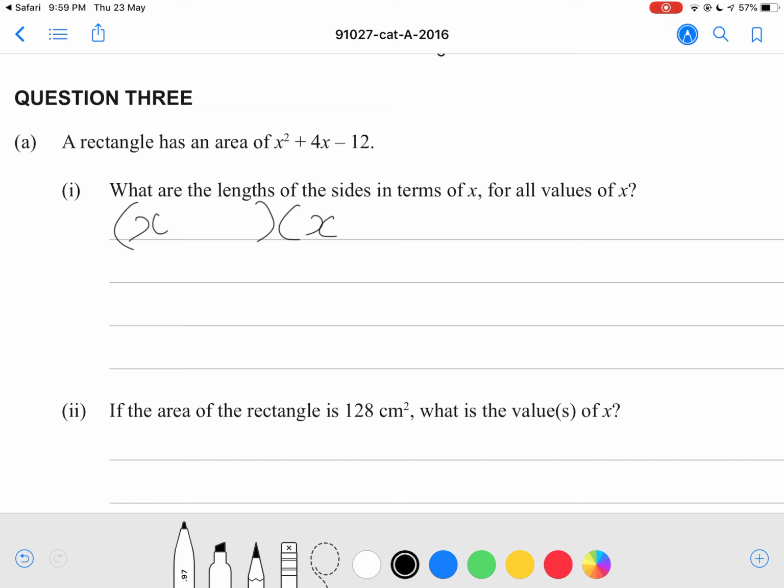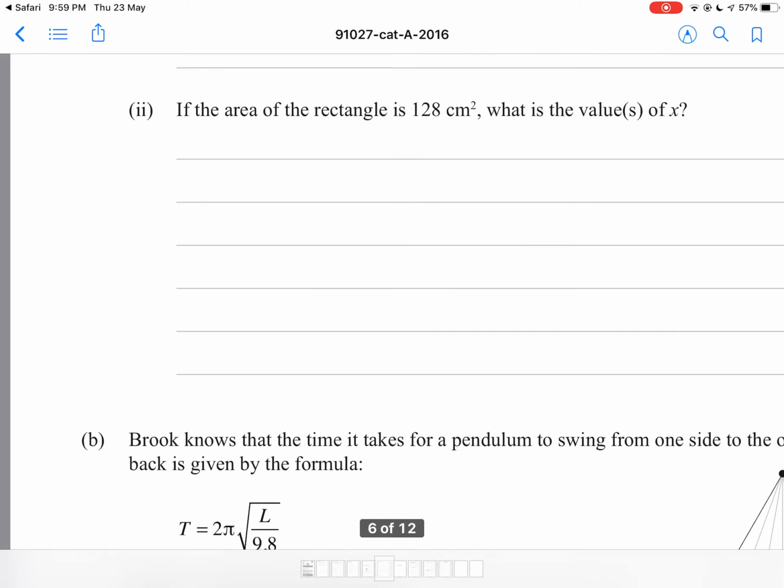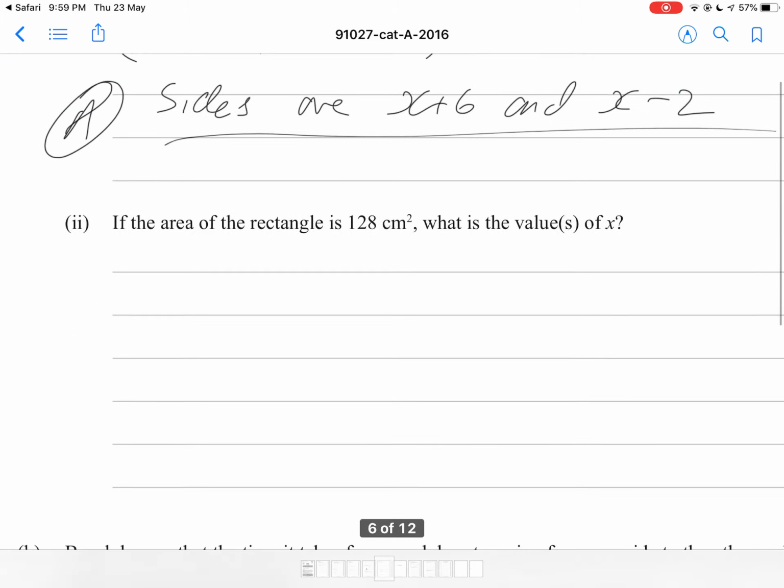So that's going to be positive 6 and negative 2. So x plus 6 and x minus 2, okay? So therefore, you can say that the sides are x plus 6 and x minus 2. So that's pretty much your answer. That's going to get you an achieved grade, okay? It's pretty much the exact same as the first question.